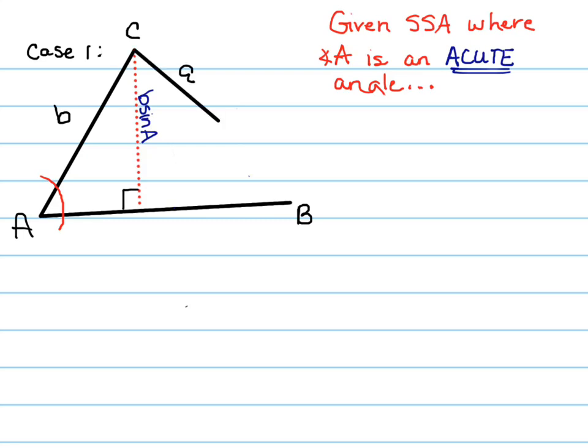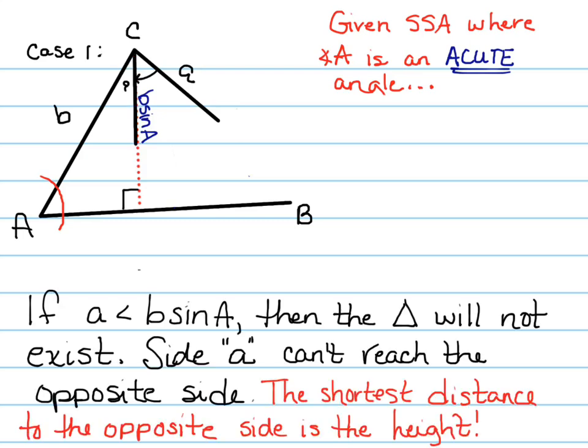Next, let's just say I choose a length for side A that is not quite long enough. How will I be able to know that I don't have a triangle? Well, the first thing I'm going to do is compare side A with B sine angle A. You'll notice if I swing that arm down, if I drop it down, it won't reach the opposite side.